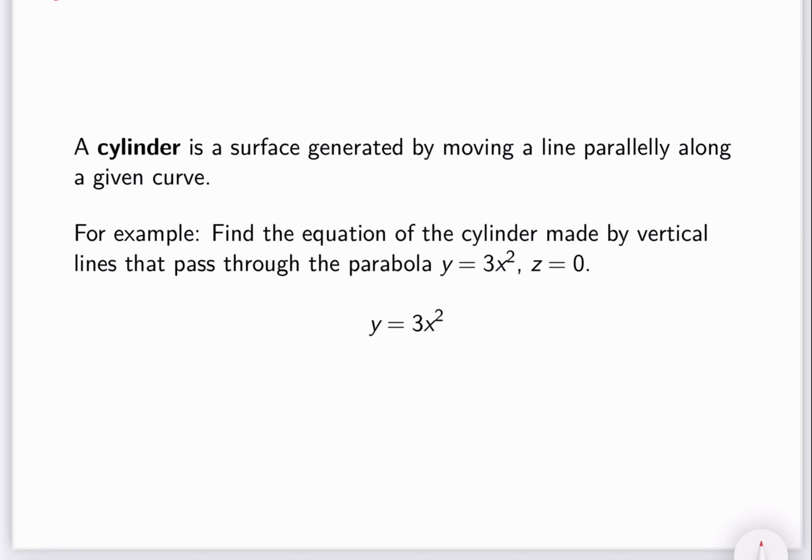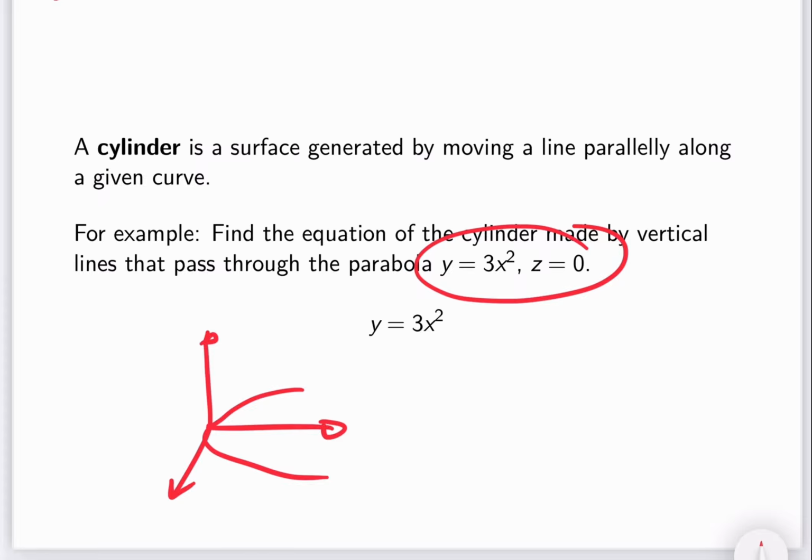Let's say, for instance, if we had given the equation of the parabola, like I drew before, that would be the equation of a parabola in the plane of the floor, let's say. So if we have a parabola given in here like this, then the equation of the cylinder will be all the points that are in this parabola, but also all the ones that are here with any value of z will be also part of the cylinder.